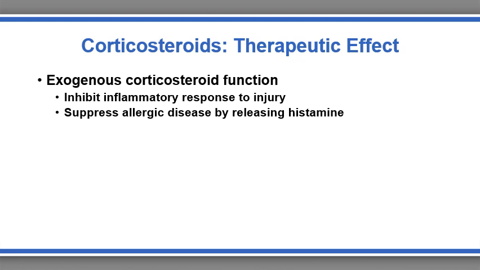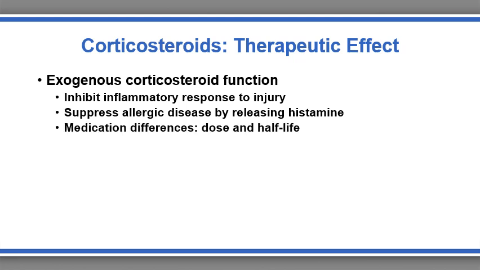So we do get that natural response from the body as far as what we do endogenously. However, in more extreme circumstances, we need that exogenous corticosteroid to do that. Now we have to be mindful of that. The anti-inflammatory effects require those high levels of circulating corticosteroids, and that's what allows us to utilize them pharmacologically.